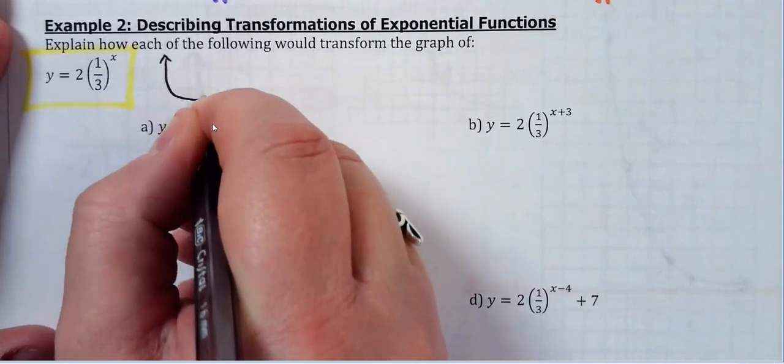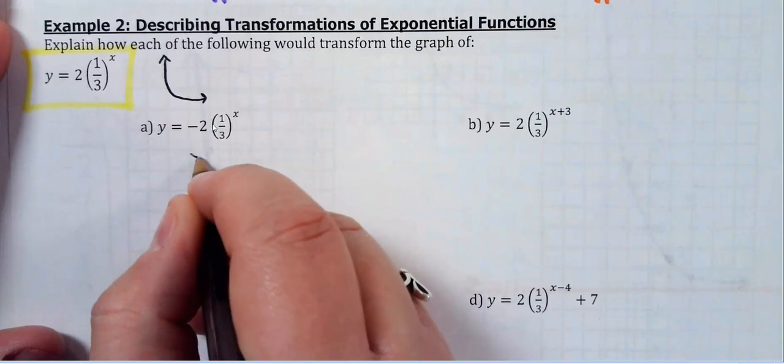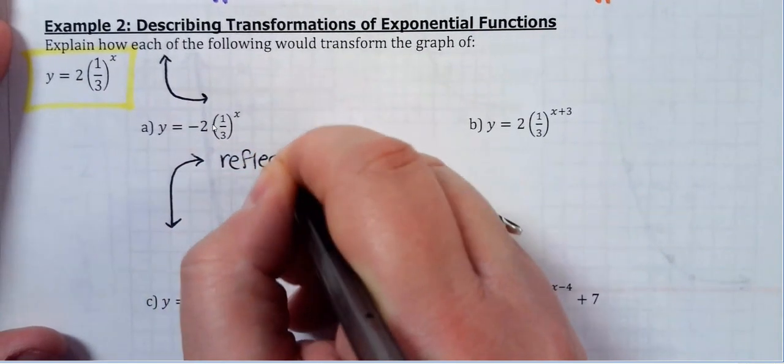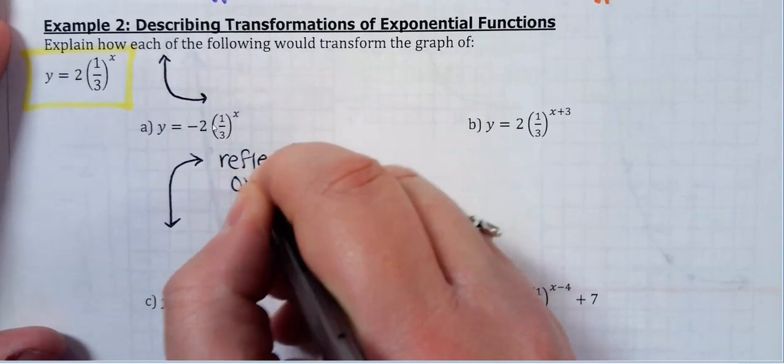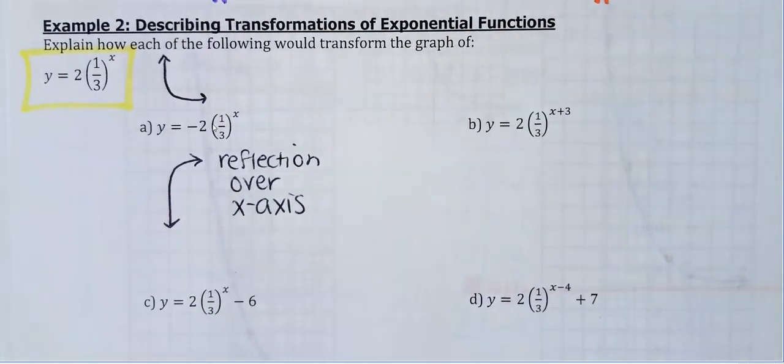It would look like this. If you put the -2 in front of it, what it does is it's reflected over the x-axis. You just put that little negative in front, it's just going to take the original shape and it's just going to flip it down.